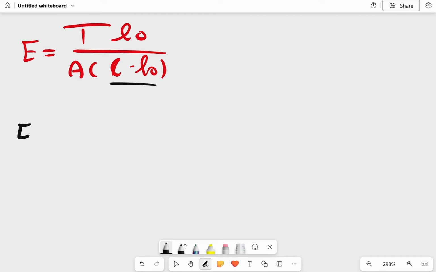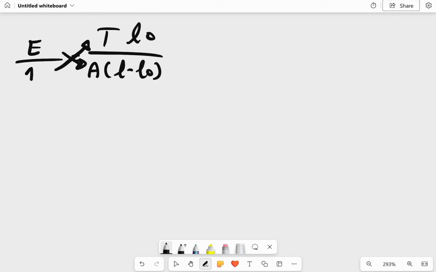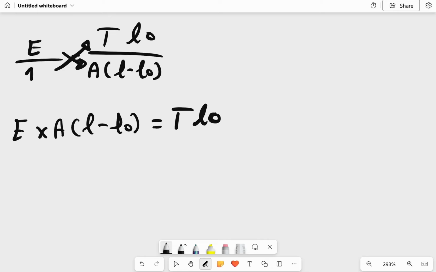Let's say E divided by 1 is equal to tension multiplied by initial length divided by area multiplied by elongation. With cross multiplication, you'll get E multiplied by area multiplied by elongation, equal to 1 multiplied by tension multiplied by initial length.